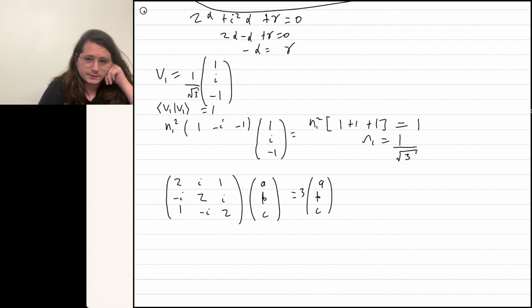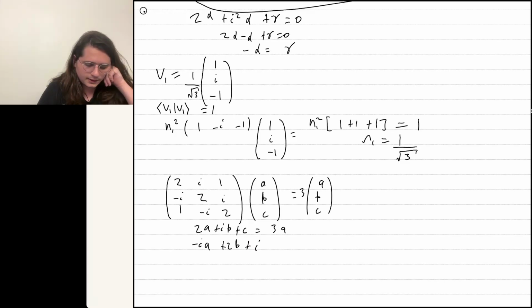So it looks like we're going to be solving the equations 2a plus ib plus c equals 3a, and also minus ia plus 2b plus ic equals 3b, and a minus ib plus 2c equals 3c.